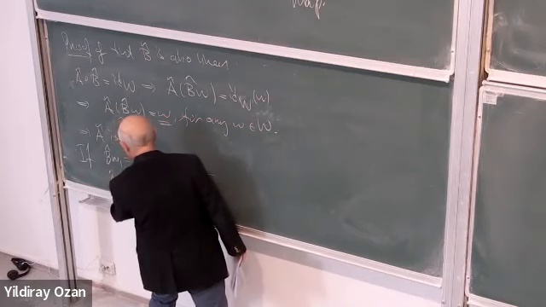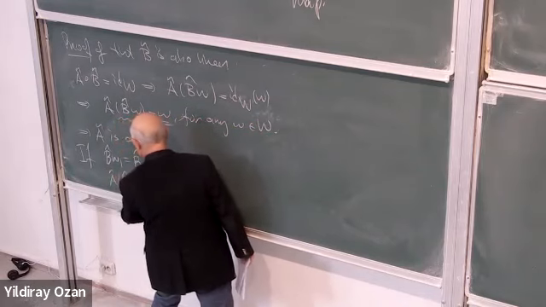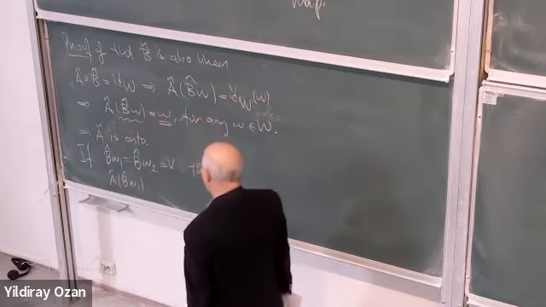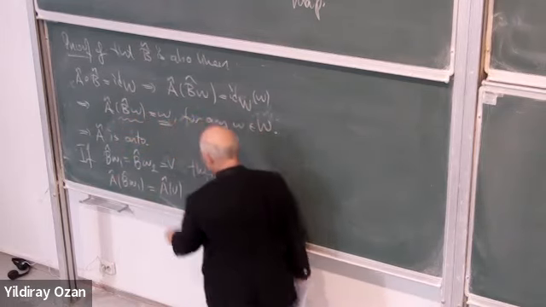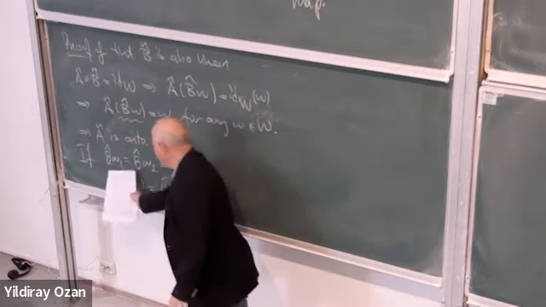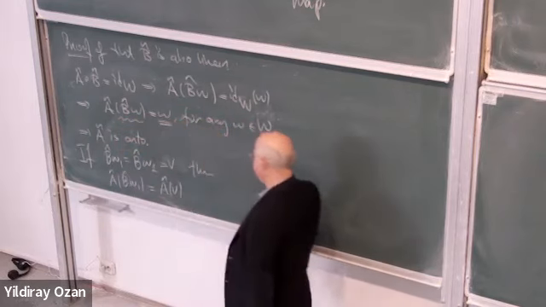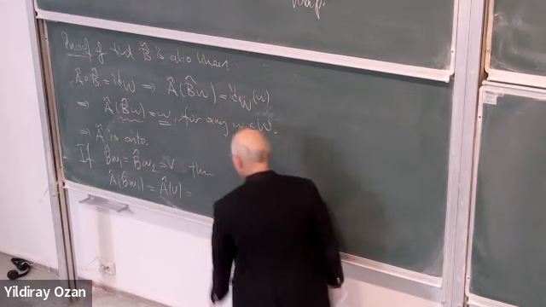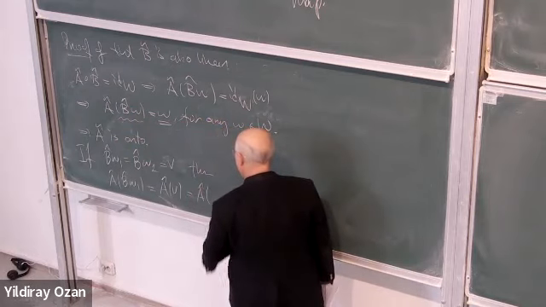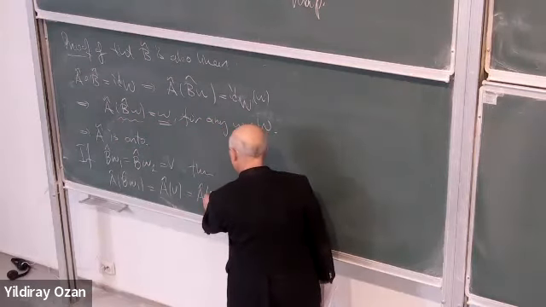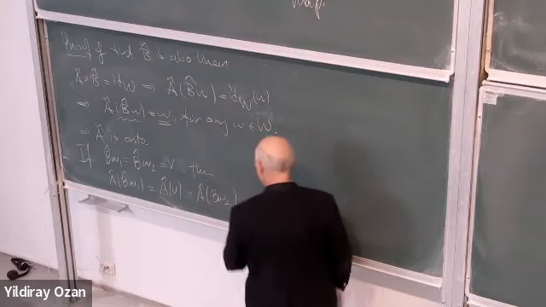A hat of B hat of w1, what is this? This is just A hat of v, because B hat of w1 is equal to v. But this implies that it is also A hat of B hat of w2.